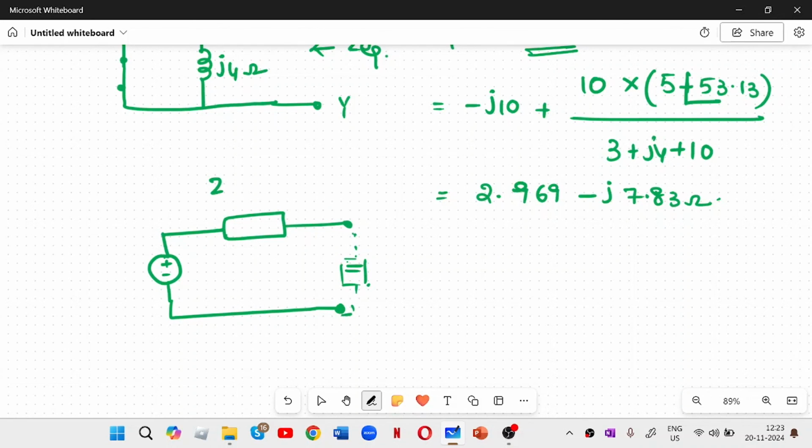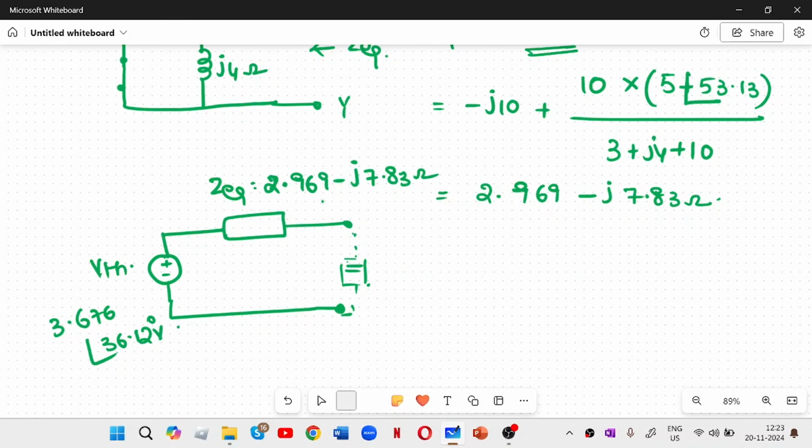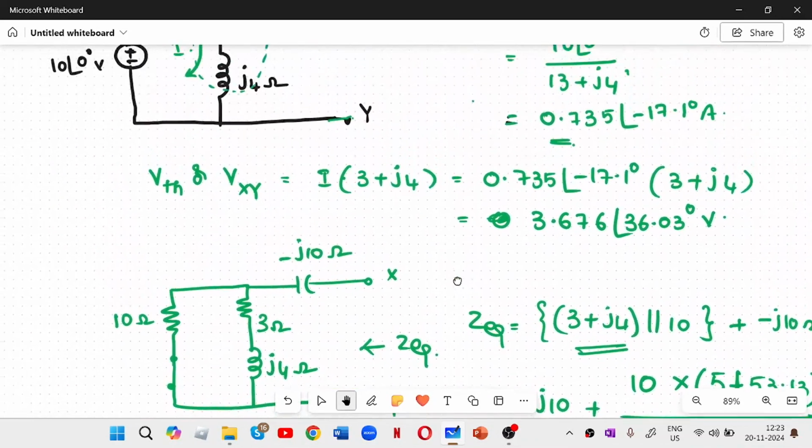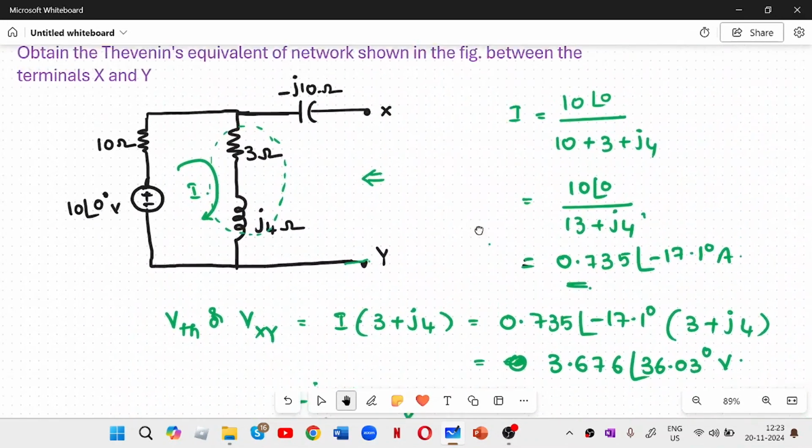So this is my Z equivalent, value is 2.969 minus J7.83 ohm, and this is my V Thevenin. So write down the value, 3.676 at an angle 36.12 degree volt, right? So this is how you have to calculate the Thevenin's equivalent network for any given network.